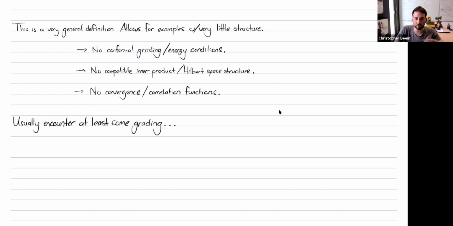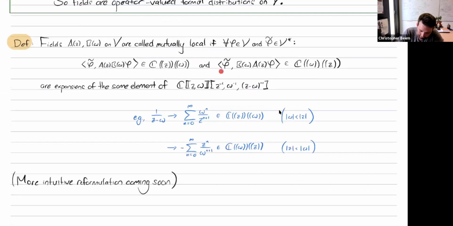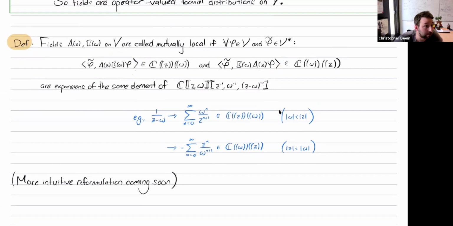You can, if you put in the appropriate element of the dual space. What is the appropriate element of the dual space? I was thinking of going back to these sorts of expressions. So you might choose phi to be the vacuum state and phi tilde to be something that just measures the coefficient of the vacuum.